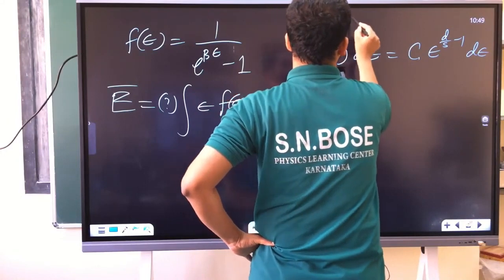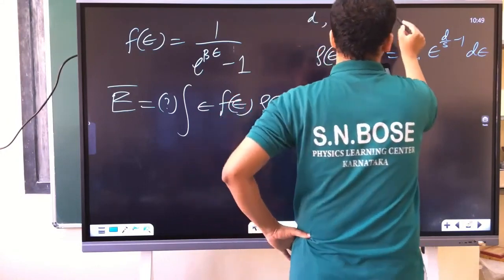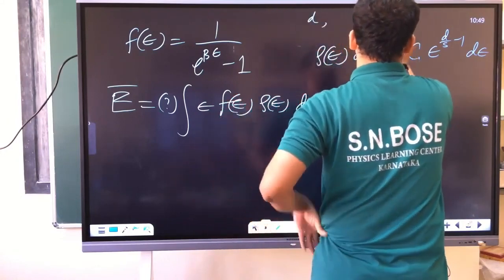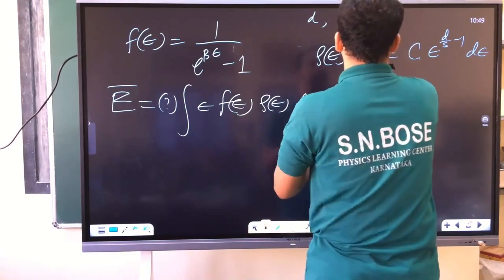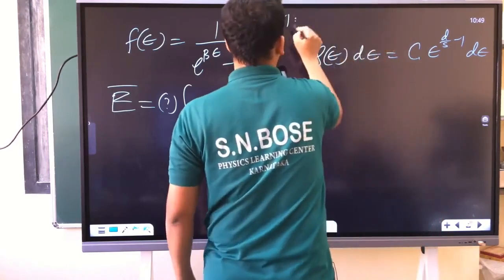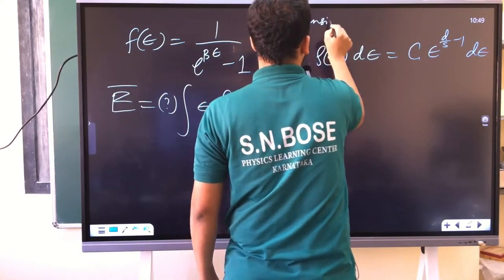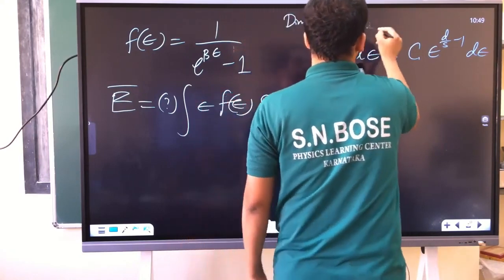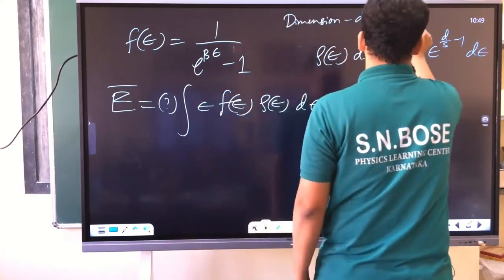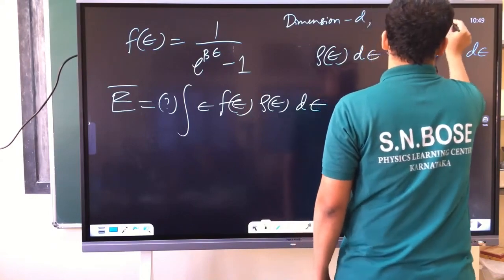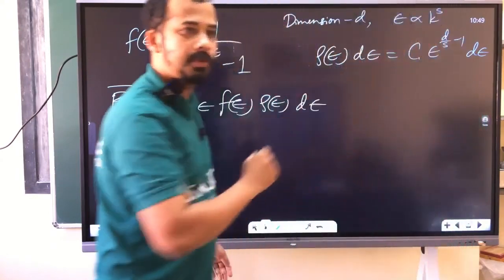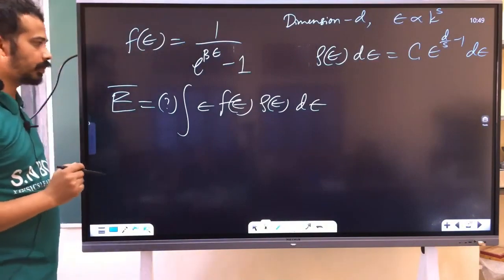And E may be proportional to dimension d, E may be proportional to K power S. Are you getting my point? This may be the very general situation they may provide you.